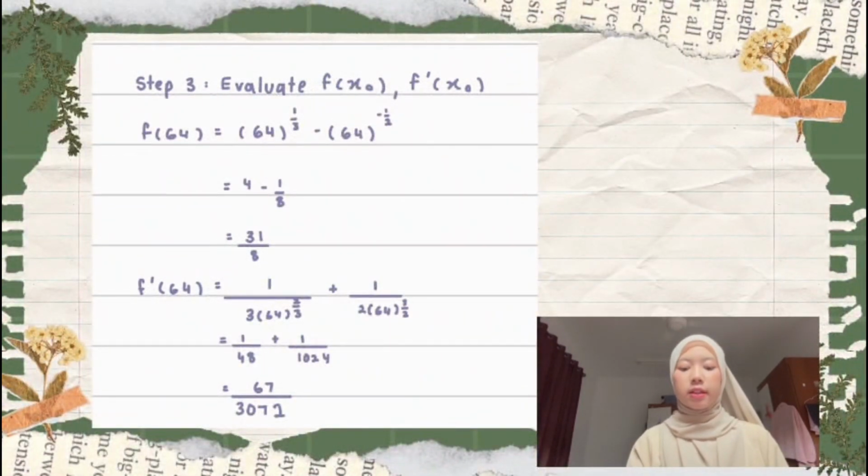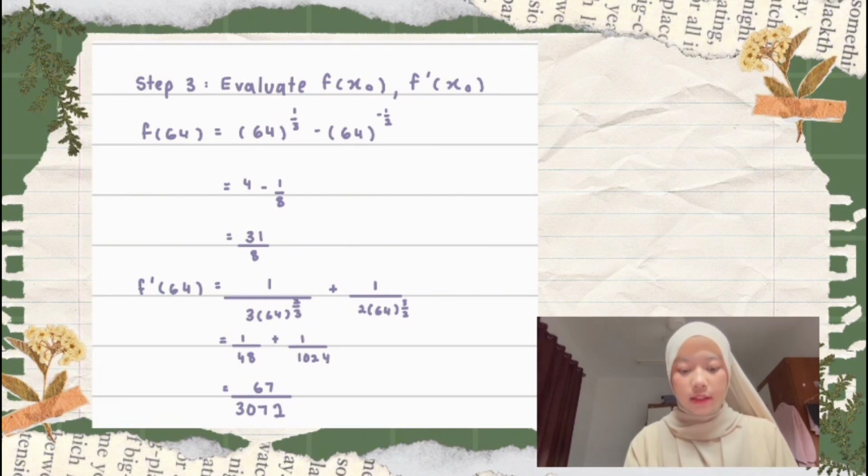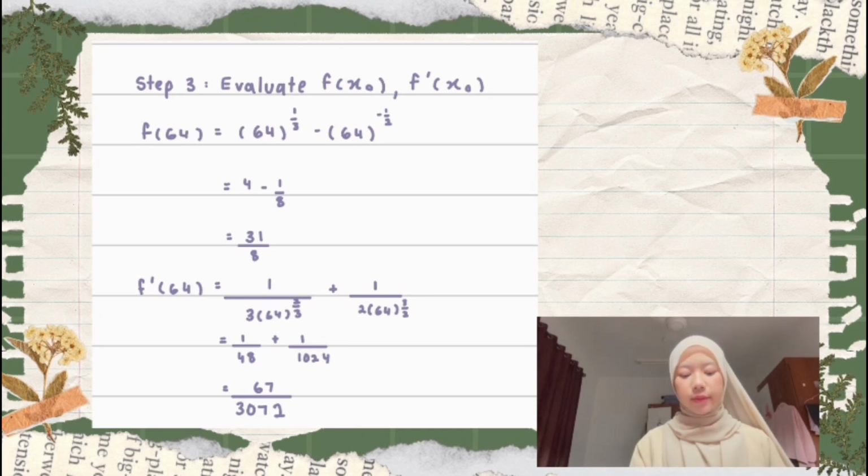Step 3. Evaluate f(x naught) and f prime of x naught. For f(x naught) equals 64 to the power of 1 over 3 minus 64 to the power of negative 1 over 2, equals 4 minus 1 over 8, equals 31 over 8.